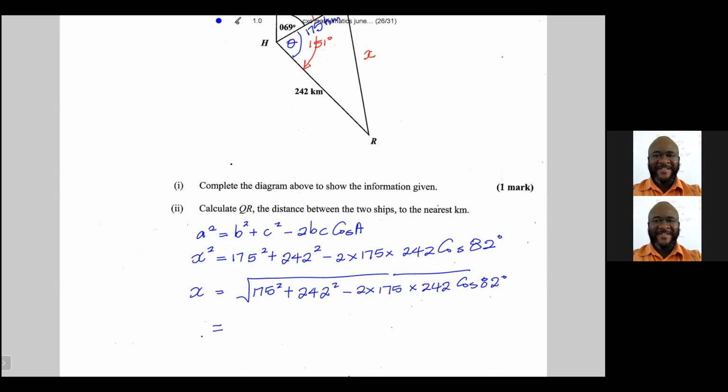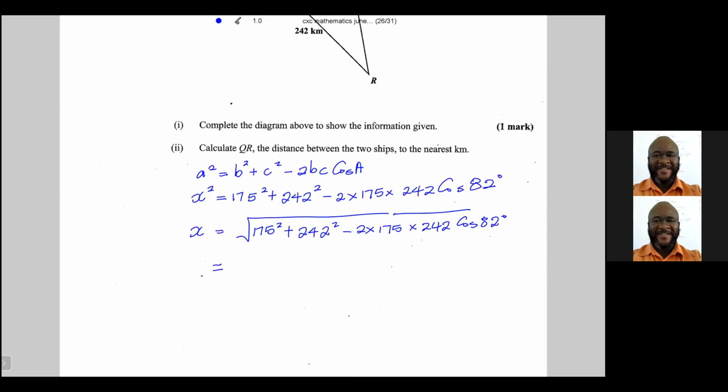If you're skilled enough to put that in the calculator without error, you can just put it in and get your answer. So I put in my square root symbol, open bracket, 175 squared plus 242 squared minus 2 times 175 times 242 times the cosine of 82 degrees, then close bracket and press equal.